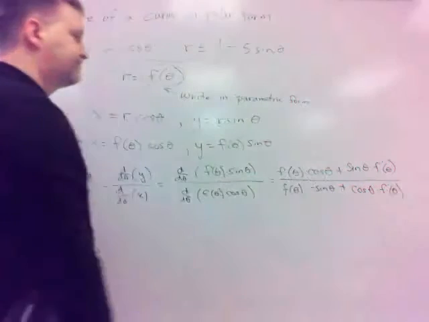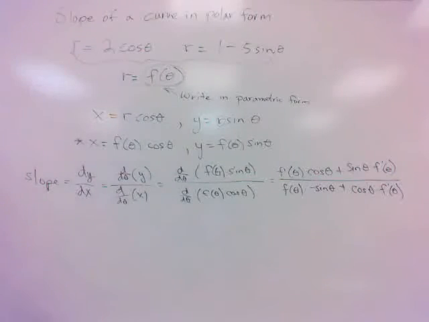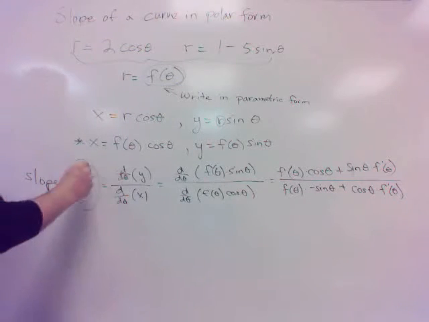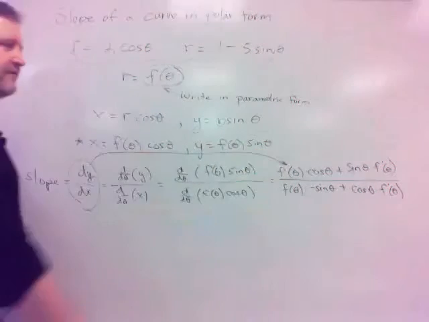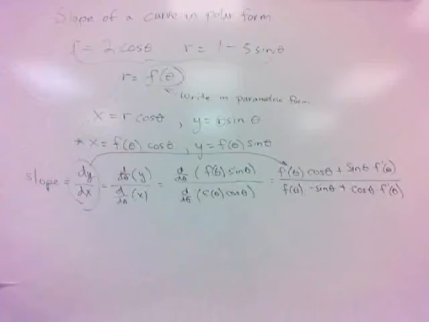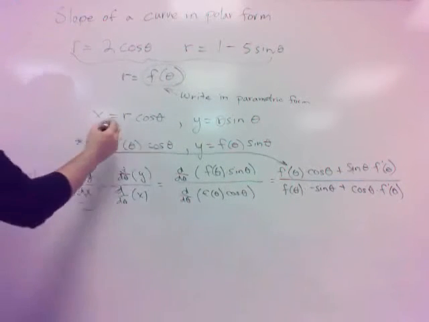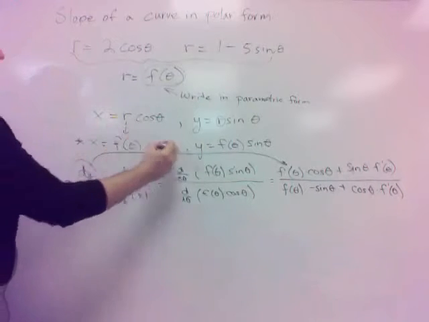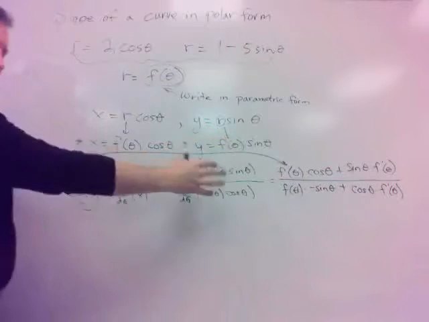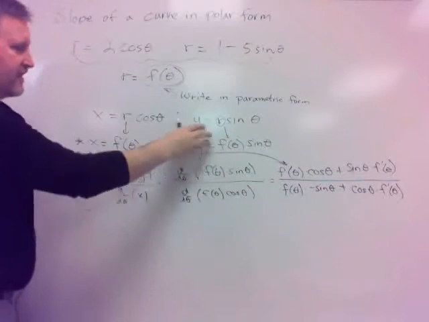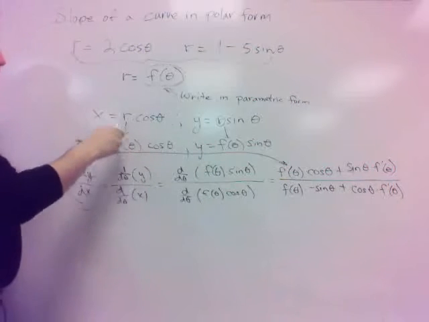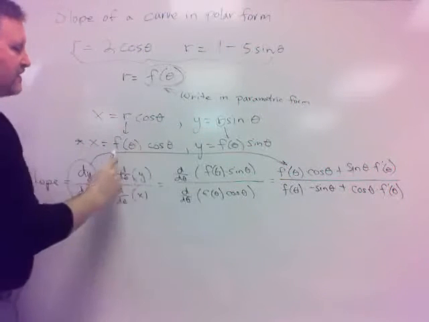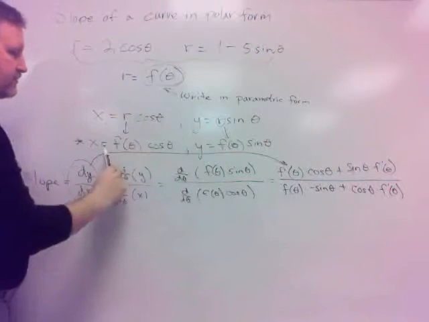Now, so officially, the dy/dx, the slope, is this right here. You can memorize that if you want to, or you can just remember that x is r cosine theta and the r is f of theta, and then you can just do the derivatives of those. That's the way I usually do it: I make that substitution, and then I do the derivative of that over the derivative of that.